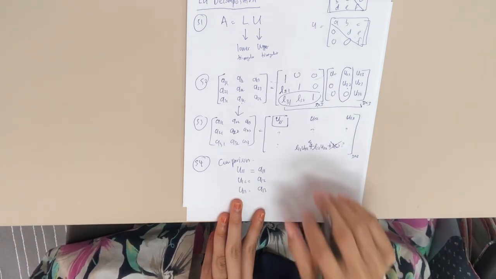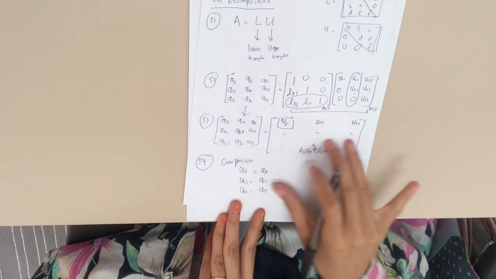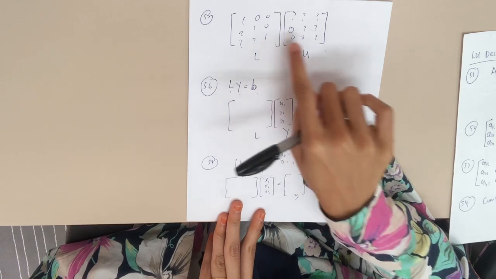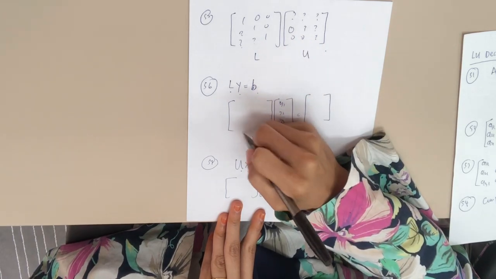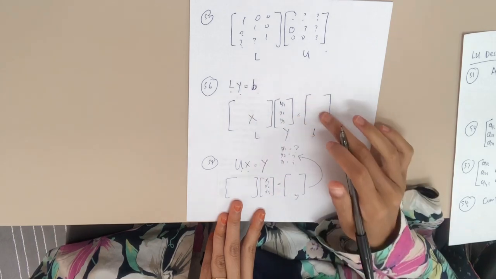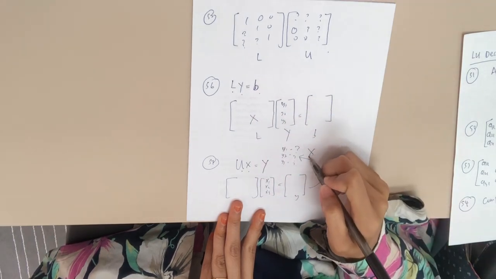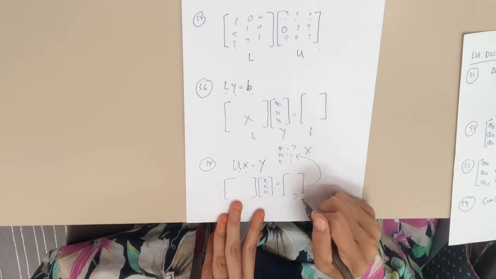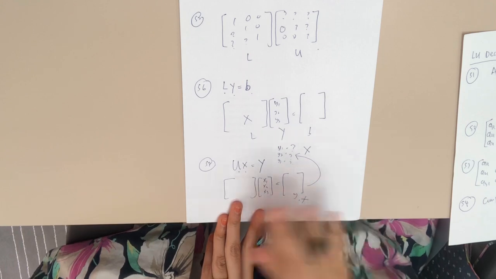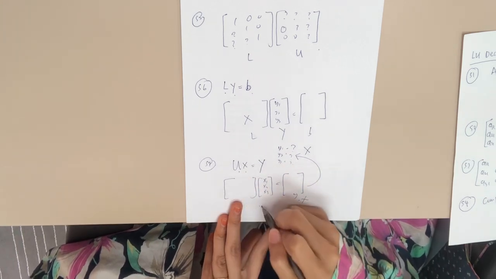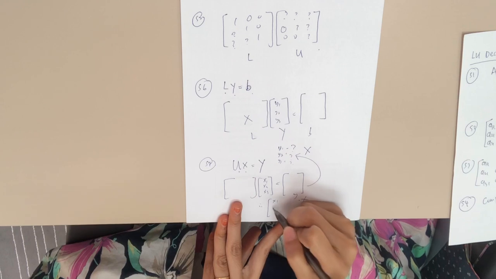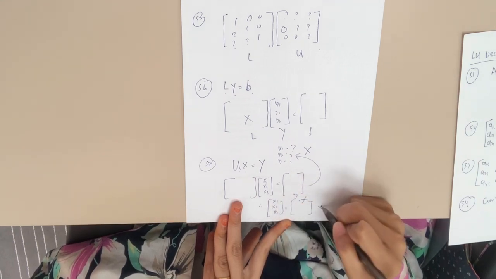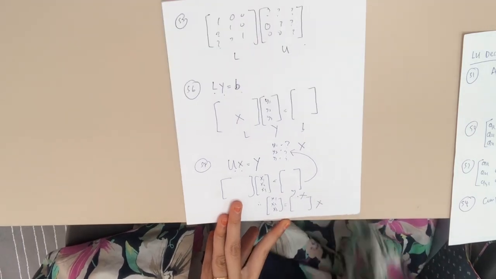If you get the wrong values, you will substitute the wrong values into here, and of course this will be wrong also. So you will get a wrong answer for Y. Then you substitute this wrong answer for Y into here, so you get a wrong answer for this one. So the final answer, to find x1, x2 and x3, will definitely be wrong also.